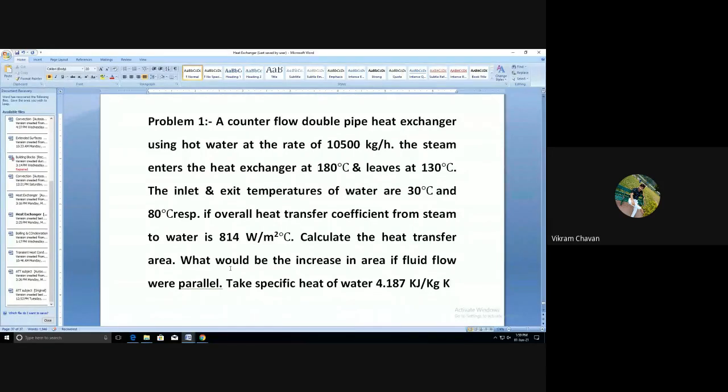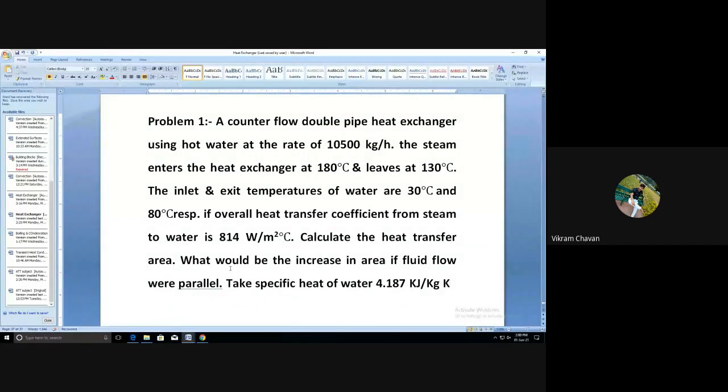The steam is having the higher temperature: the entry temperature of the steam is 180 degrees Celsius and the exit temperature is 130 degrees Celsius. While flowing through the heat exchanger, that steam will transfer the heat to the water, and the water inlet temperature is 30 degrees Celsius, and due to the heat transfer we will get the exit temperature of water as 80 degrees Celsius.